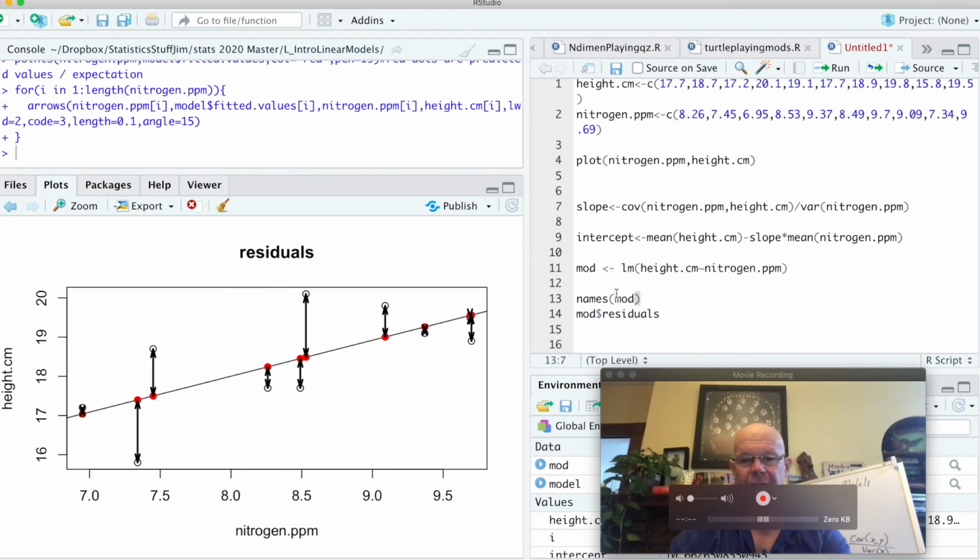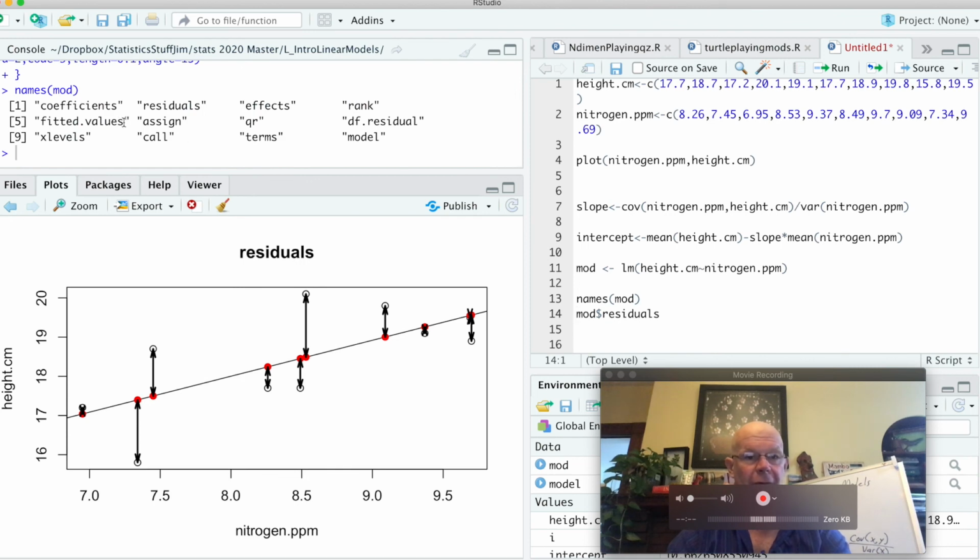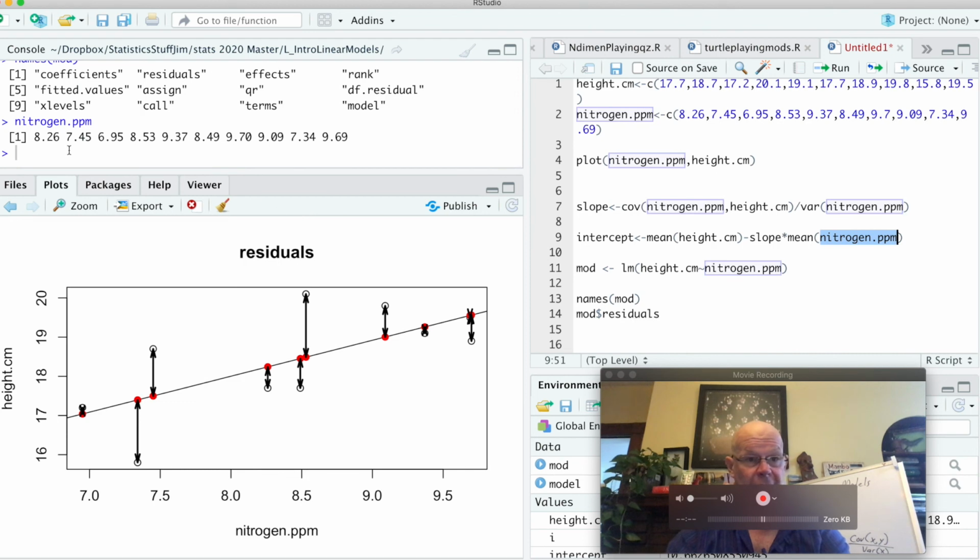Another thing that's in the model are the fitted values. The fitted values are these red dots that I drew on here. Those are the predicted values given our model parameters. Here, 8.26 is the first value for nitrogen in the data that we had.